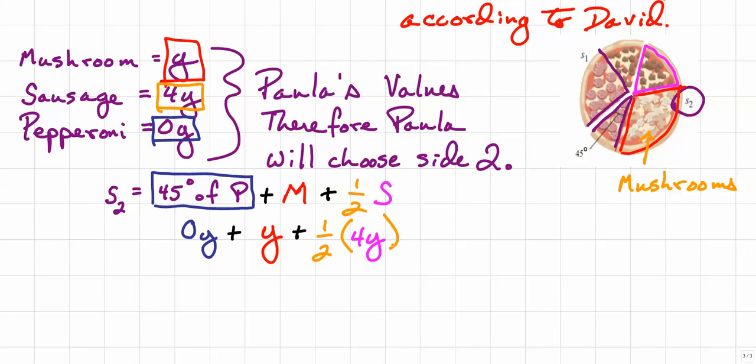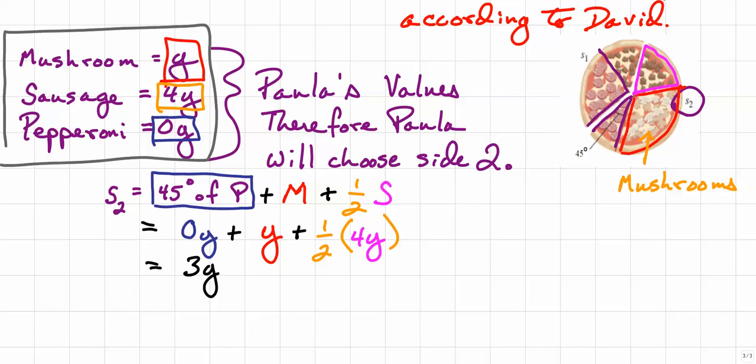And now let's go ahead and simplify and combine, and we'll have y plus 2y is 3y. Now remember that her total value for the pizza from up here will be equal to 5y, because you add these 3 values together.